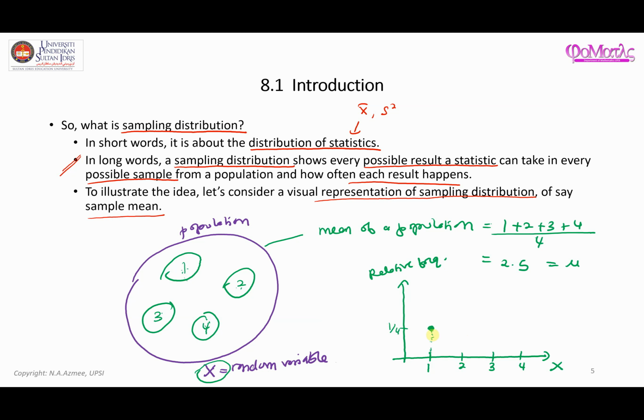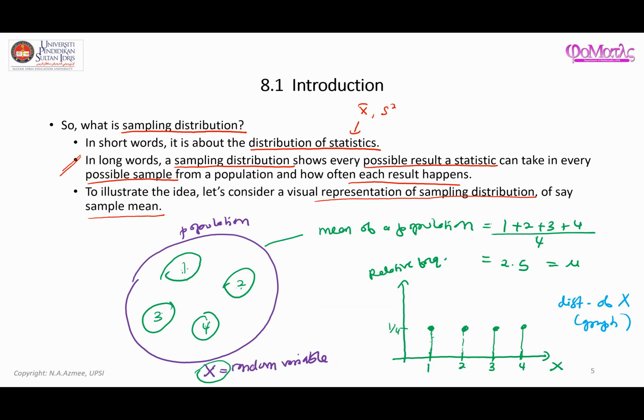The same thing for 2, 1/4. This one is also 1/4. This one is also 1/4. So here is the distribution of x represented using a graph. Of course, you can represent this using a table as well.